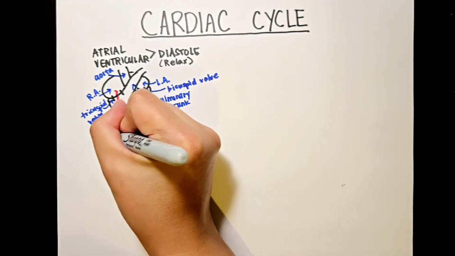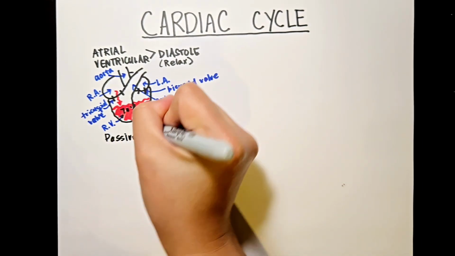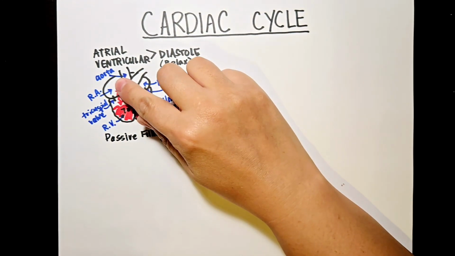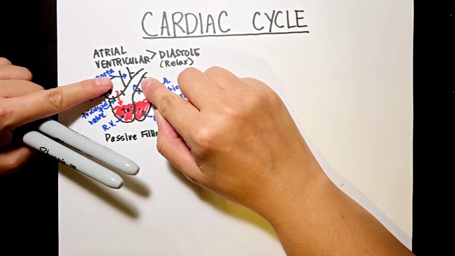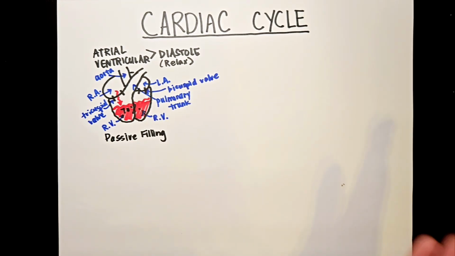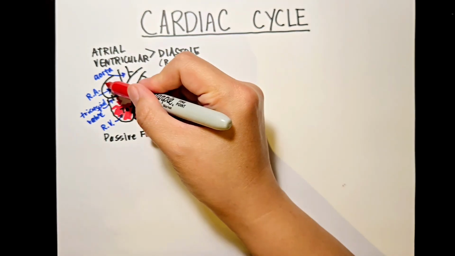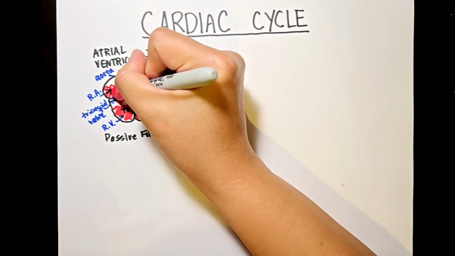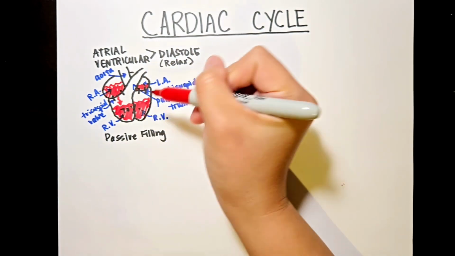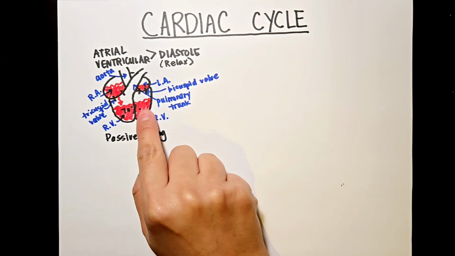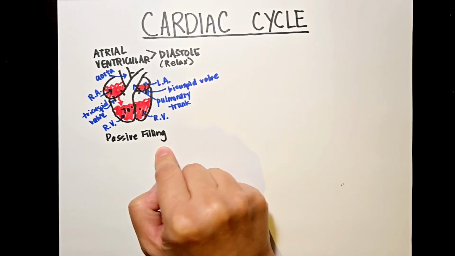This is due to passive filling, where blood is just moving in from the atria into the ventricles, draining without the atria doing any type of contraction. And remember, you have about 70% of the ventricles being filled just by passive filling alone.